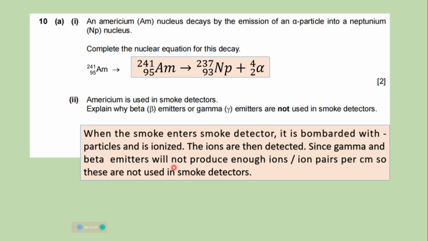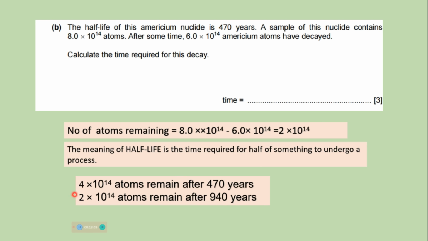It means half of the atoms, 4 × 10^14 atoms, would remain after 470 years, and then again half of 4 × 10^14 atoms, meaning 2 × 10^14 atoms, would remain after another half-life. 470 plus 470 is 940 years. So this is the answer.